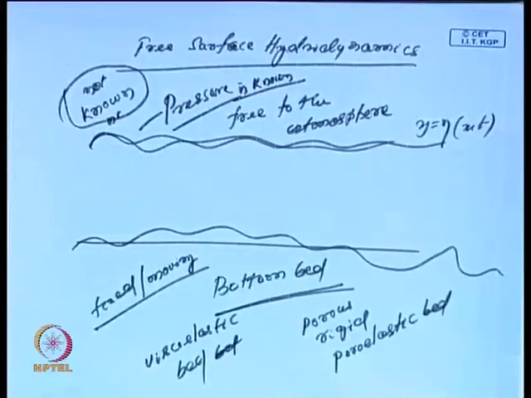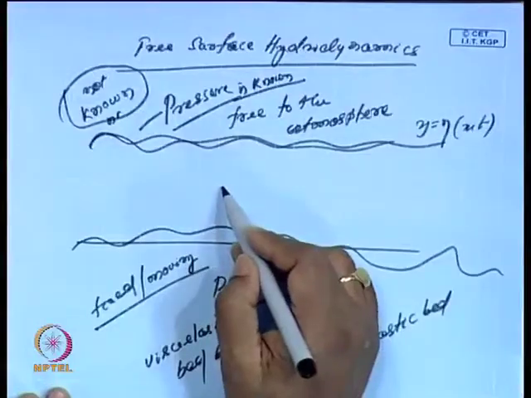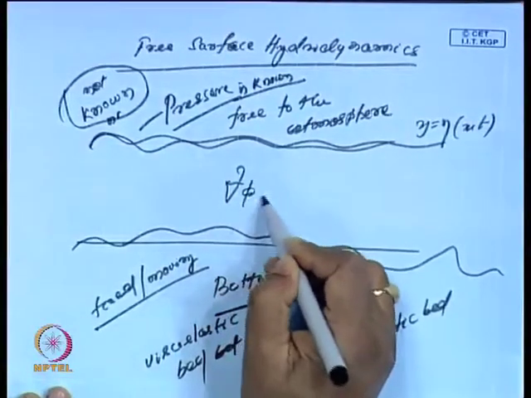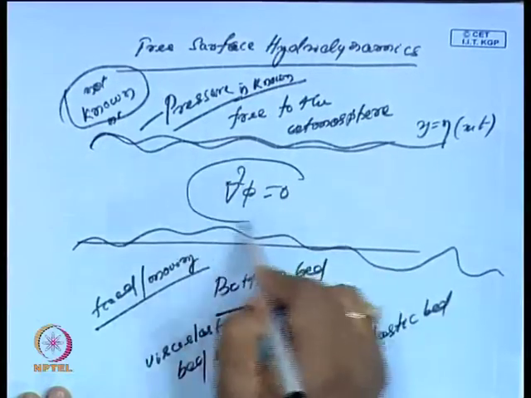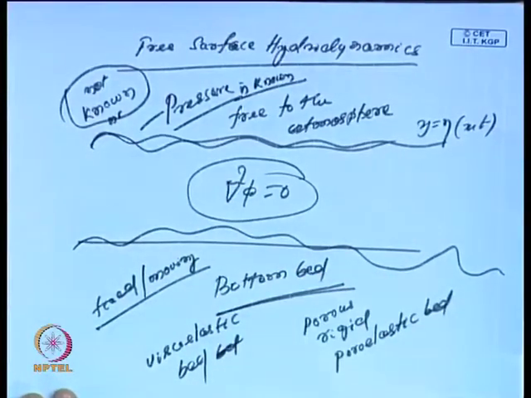So, that leads to a new class of problem, because the boundary of the surface is not known. Although we solve in the fluid domain, we assume the flow is incompressible, irrotational, and the fluid is inviscid.